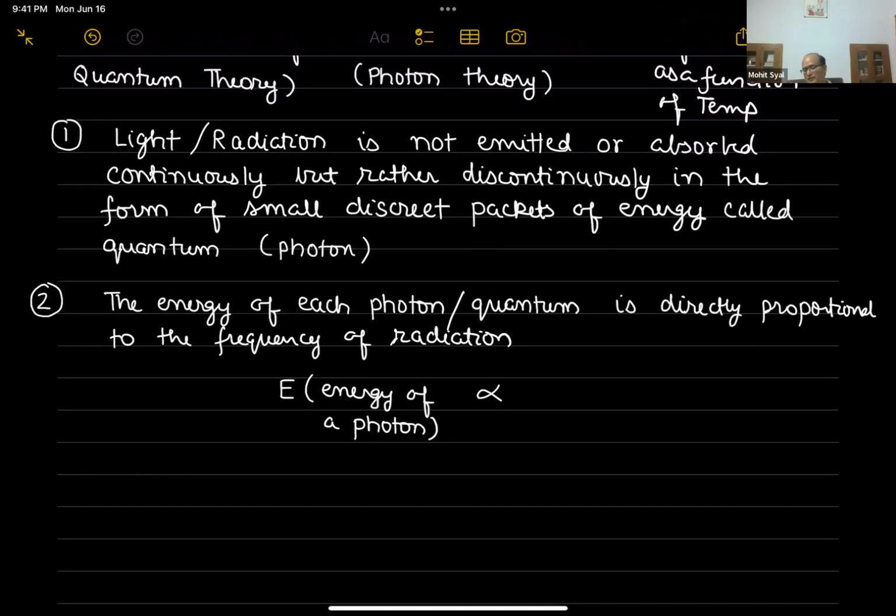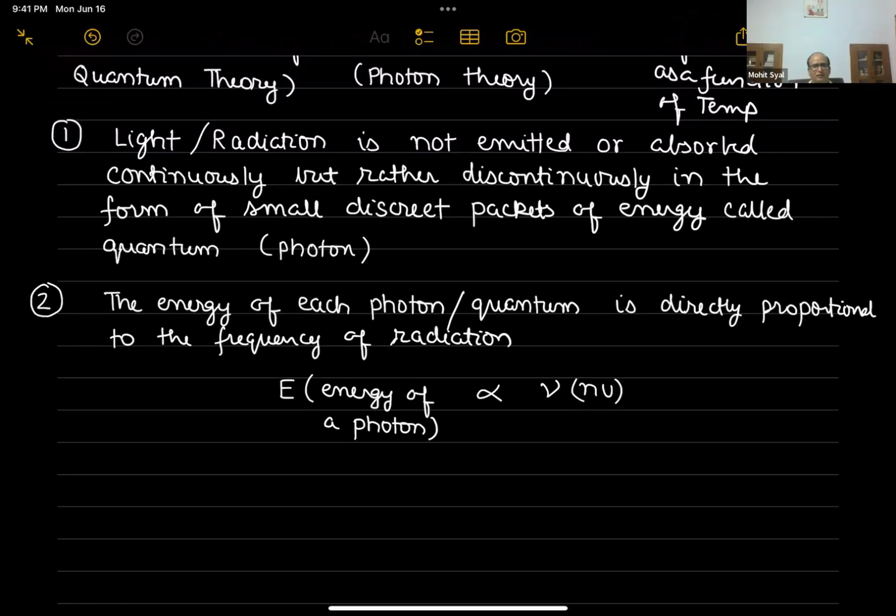What do you mean by frequency? It is represented by the Greek letter nu. Frequency is how many vibrations per second we are receiving.